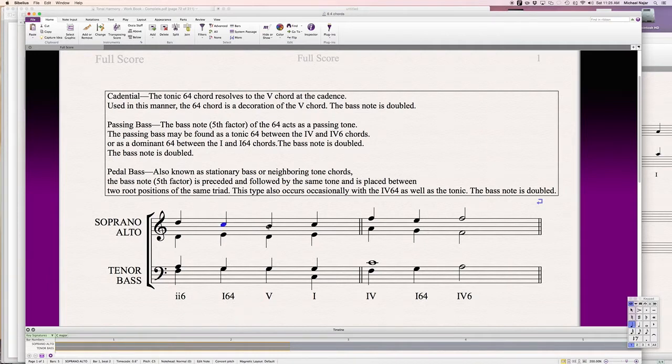That's what makes a 1/6/4 chord, a cadential 6/4 chord, so different, is that a lot of people just consider these two chords the same chord, with this first chord being a decoration of this chord.